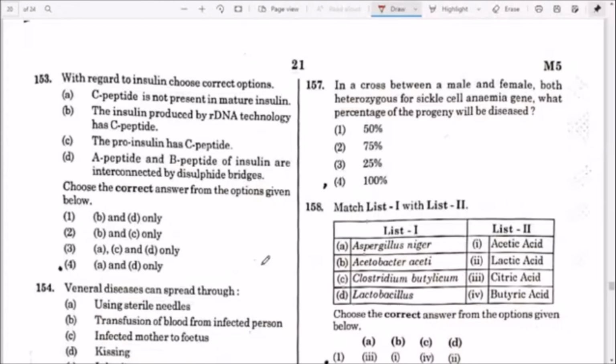The pro-insulin has C-peptide. A peptide and B peptide of insulin are interconnected by disulfide bridges. It is A, C, D, where B is incorrect. The insulin produced by rDNA technology has C-peptide? No. So option 3 is the correct option, students.